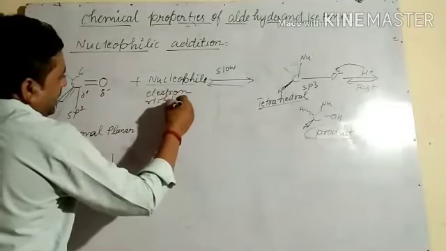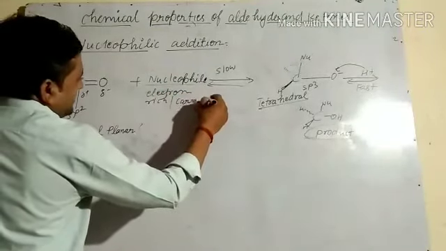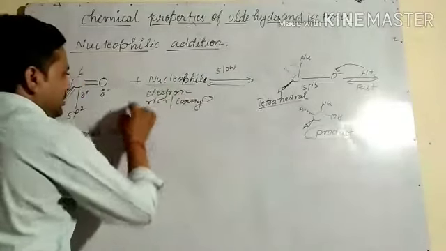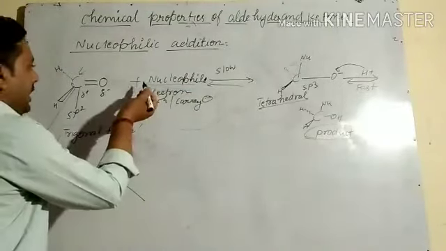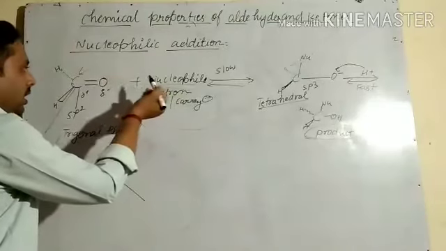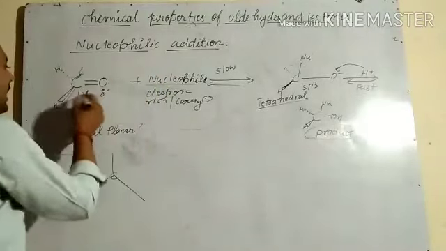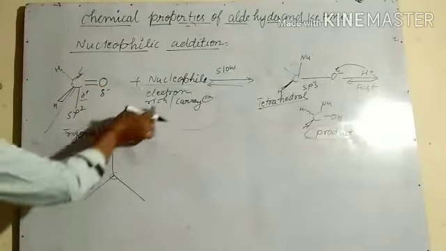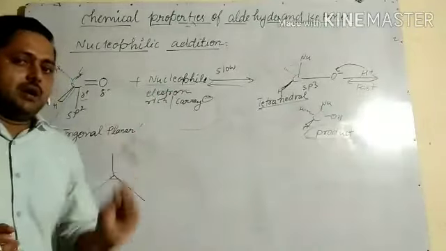You remember these two points for nucleophilic addition. And the nucleophile always adds at the carbonyl carbon, which carries a positive charge. If you remember this point, it will be easy to understand the mechanism of this reaction.